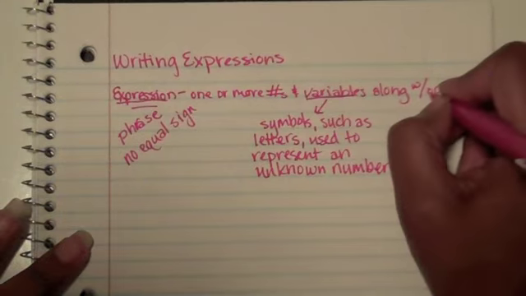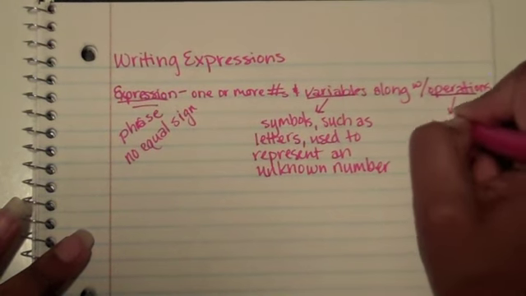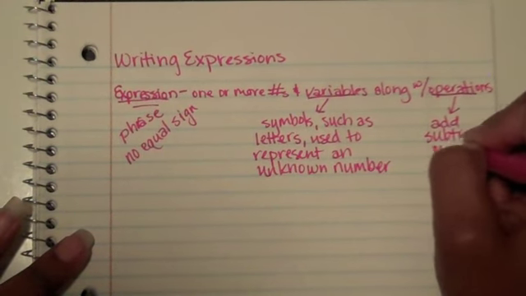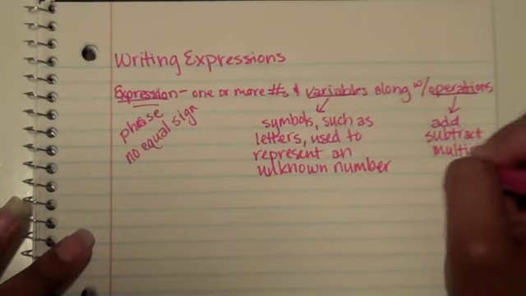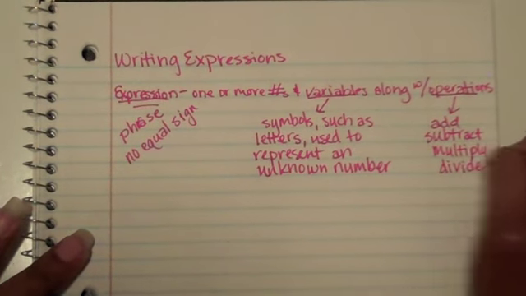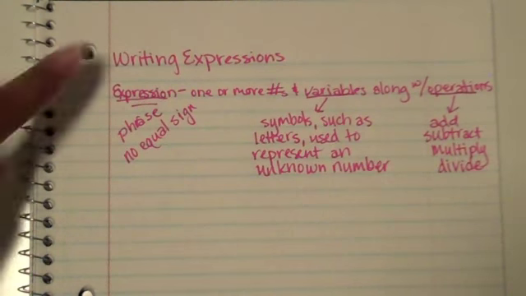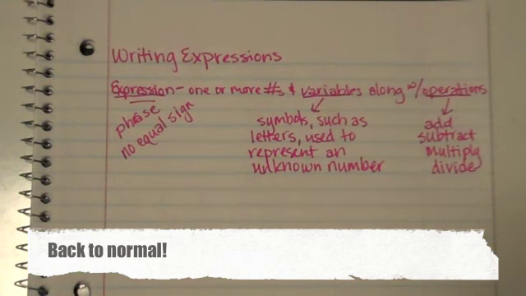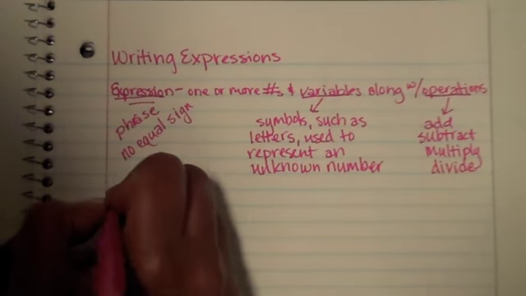Okay, and then operations or operators are like add, subtract, multiply, and divide. Okay, so now that we've got some of the vocabulary out of the way, let's go ahead and get to writing some expressions.